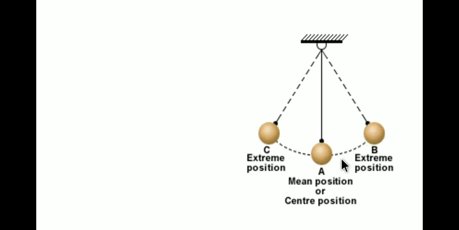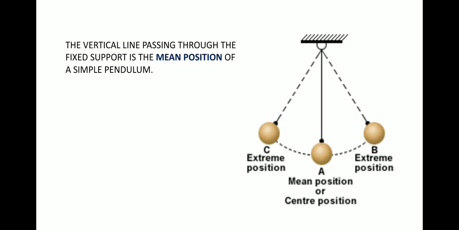When it starts to swing, the vertical line from the point of suspension is called the mean position. So the vertical line passing through the fixed support is the mean position of a simple pendulum, and the two extreme points, point C and point B, are the two extreme points.